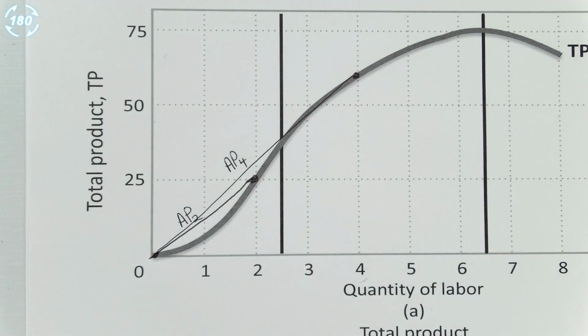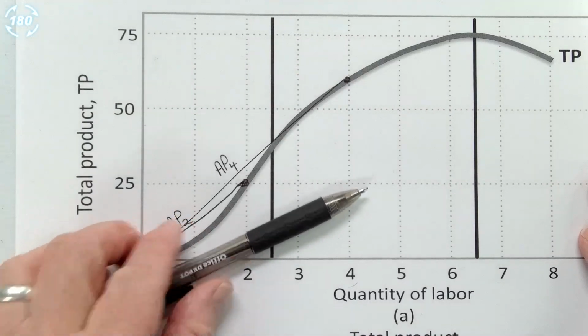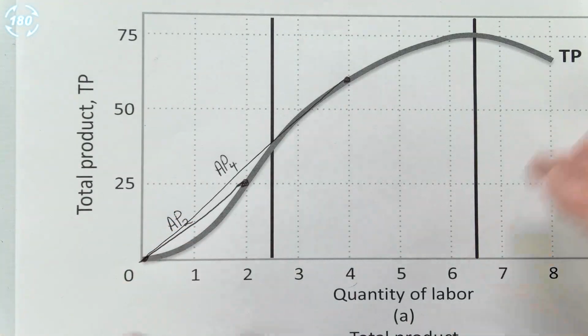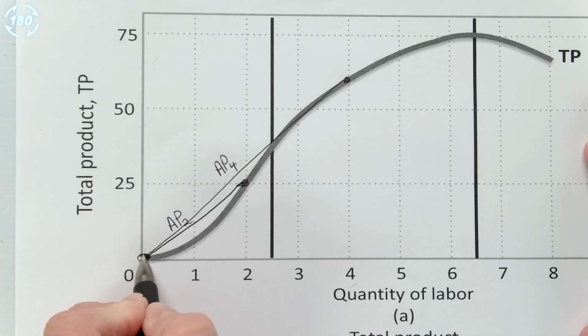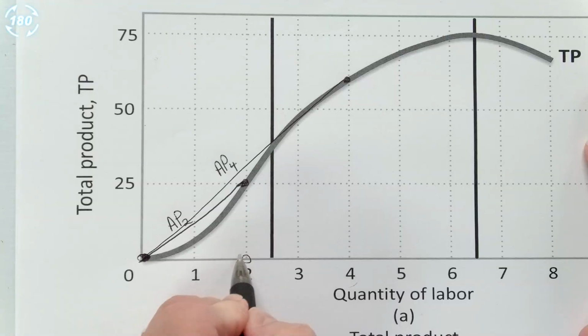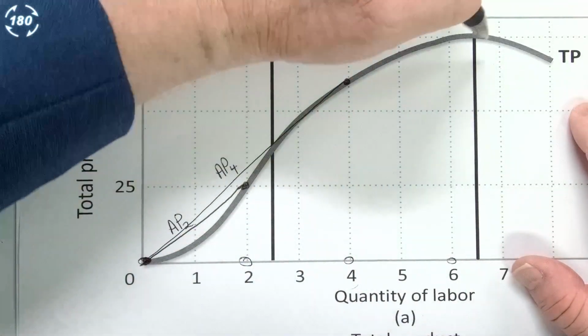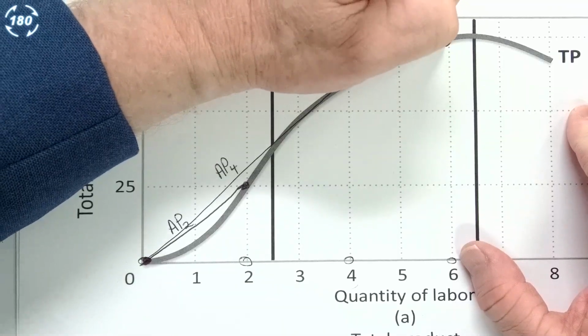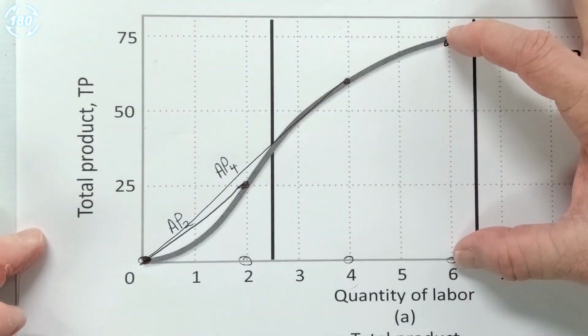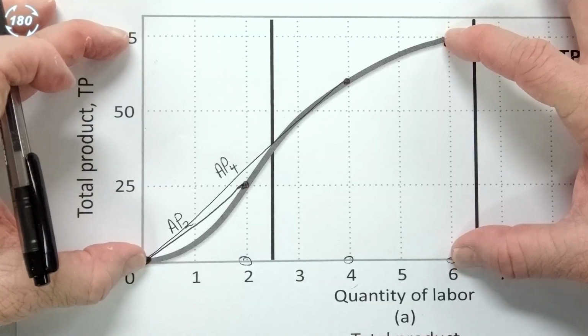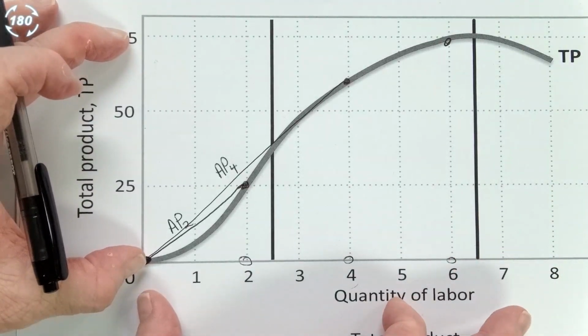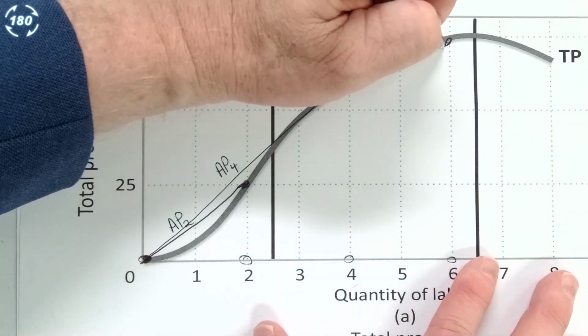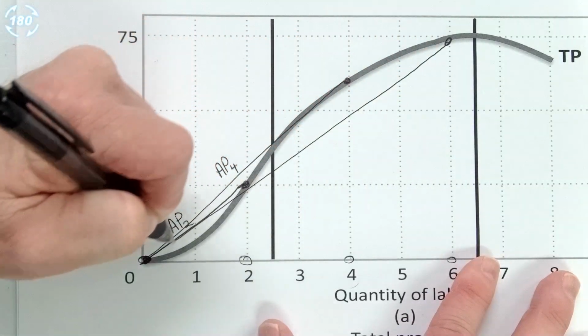Do you see first off that the average product is the slope of these lines that I could draw from the origin to the point above the level of variable input we're employing, whether it be 2 workers or 4 workers or 6 workers or whatever, or 5 workers. So for 6 workers, what's the output for 6 workers? It's 75 ball bats. Divide that by 6, and that's the average product. So I'm going to just extend that here with this secant line.